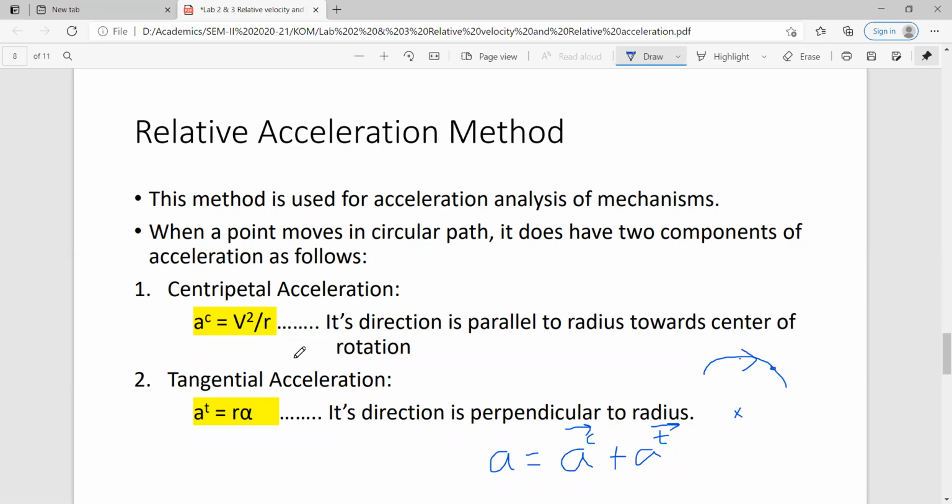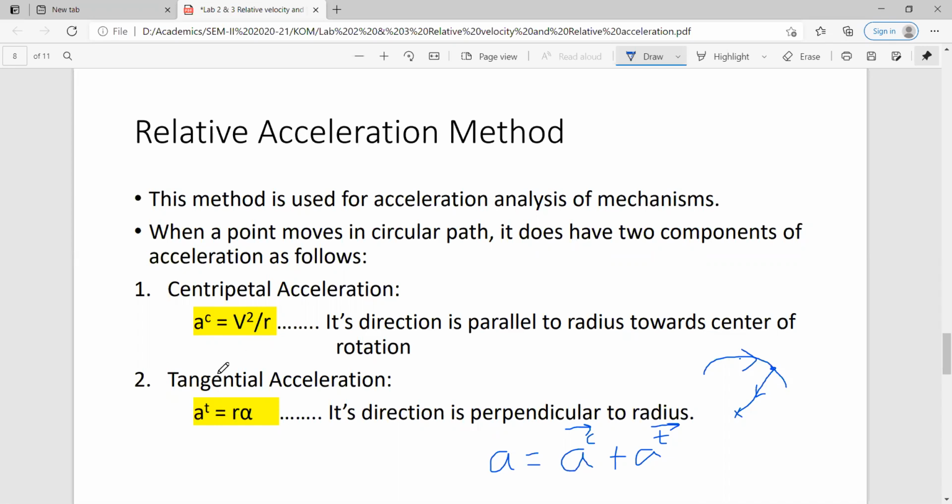So the direction of centripetal acceleration will be along the radius. This will be the direction, whether towards the center of rotation or away from it. As it is centripetal acceleration, it is towards the center of rotation.